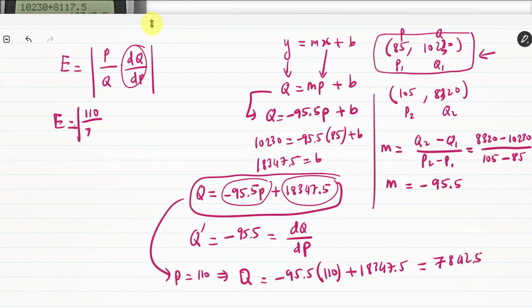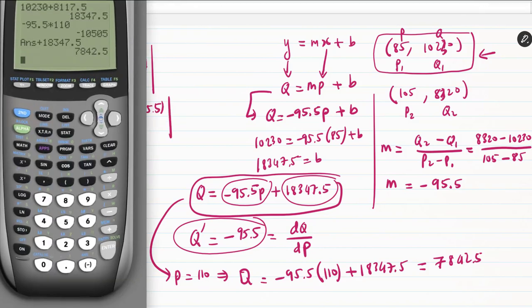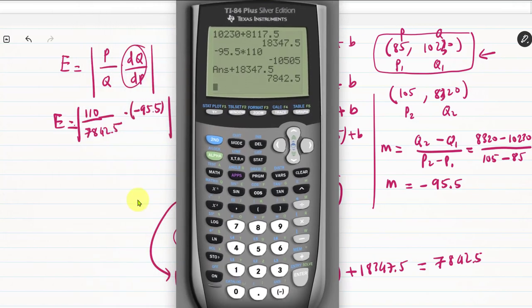So now I put it here, 7,842.5. And then I multiply by the derivative dQ/dP, which is right here, negative 95.5. Now we can use a calculator to multiply together. Remember, this is the absolute value, so you don't need to worry about the negative value.